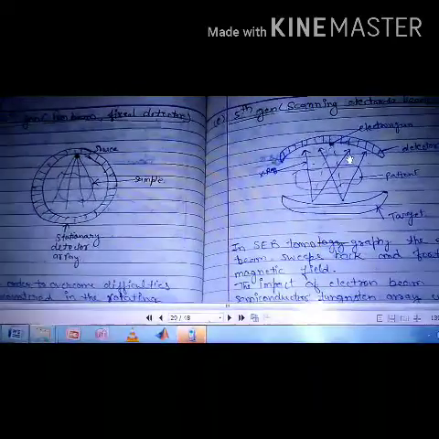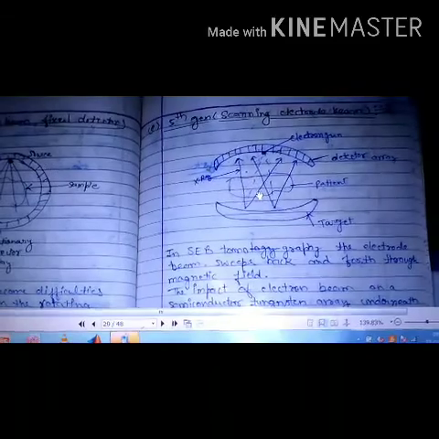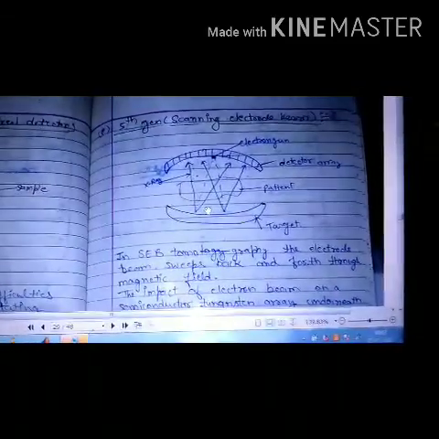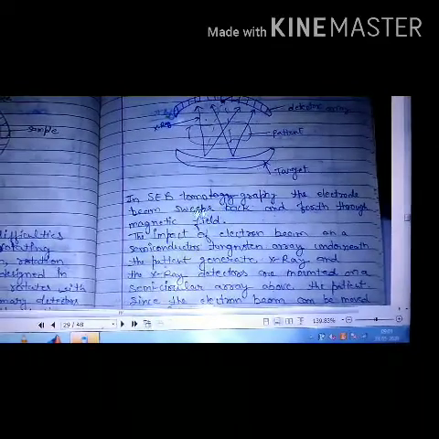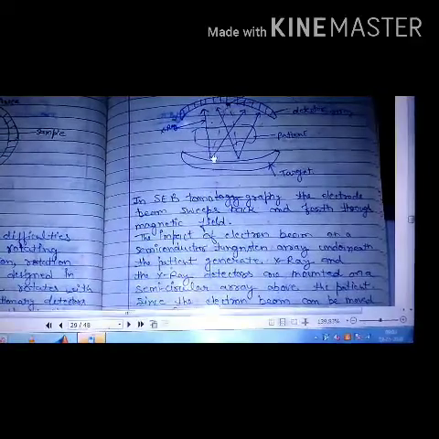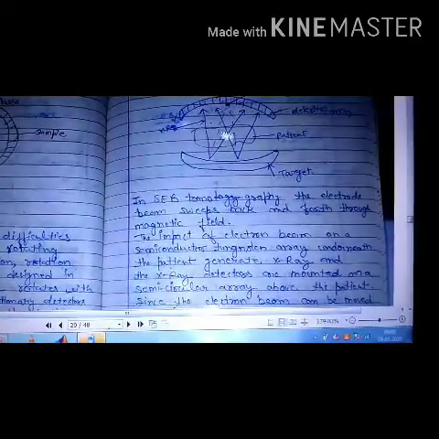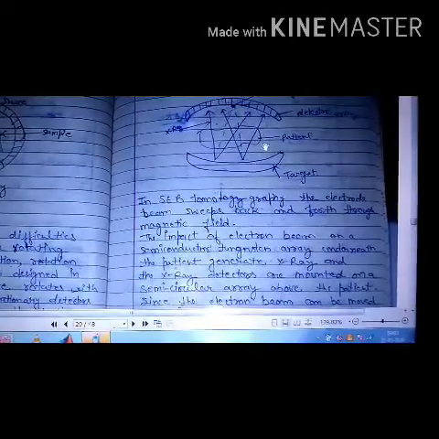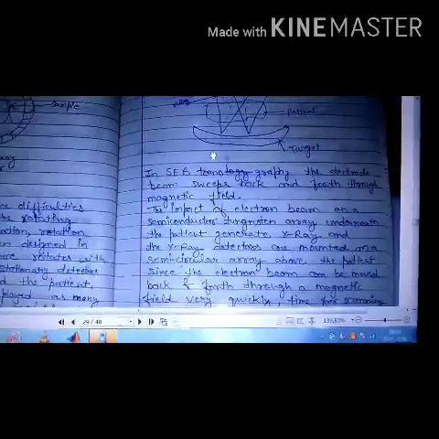Then finally the most advanced, the fifth generation: scanning electron beam. Okay, this is known as scanning electron beam or SEB tomography. In SEB tomography, the electron beam sweeps back and forth through a magnetic field. So this is the patient here, and these are the X-rays which sweep back and forth, and this is a detector array.